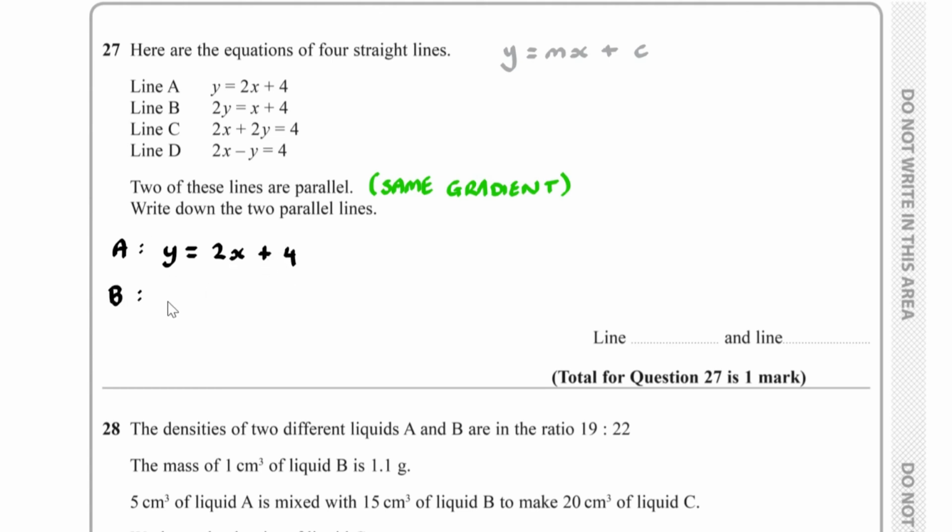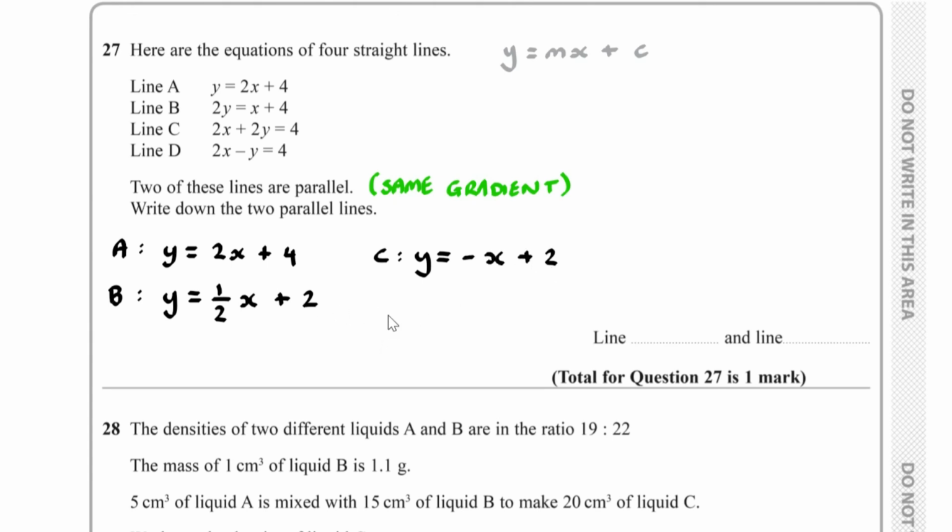If I take a look at B, well, here I need to divide by 2. So I've got y equals 1/2 x plus 2. If I take a look at C, taking away 2x from both sides and then dividing by 2, we would have y equals minus x plus 2.